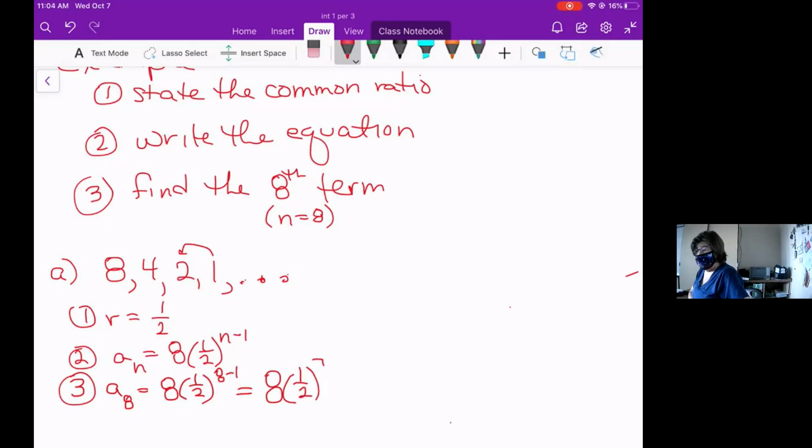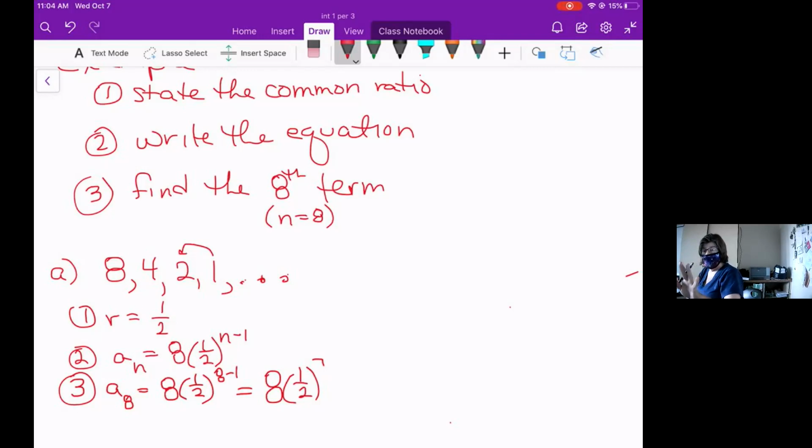Okay. So you may want to put the 8 in. So 8 times. Now here's the thing, guys. You're going to want to use your parentheses or change this to a decimal if you're using your calculator on your phone. If you're using one of my calculators, you don't have to. There's a fraction key on those. These don't have a fraction key. So I'm going to use my parentheses. 1 divided by 2, close my parenthesis, and it changes it to a 0.5.